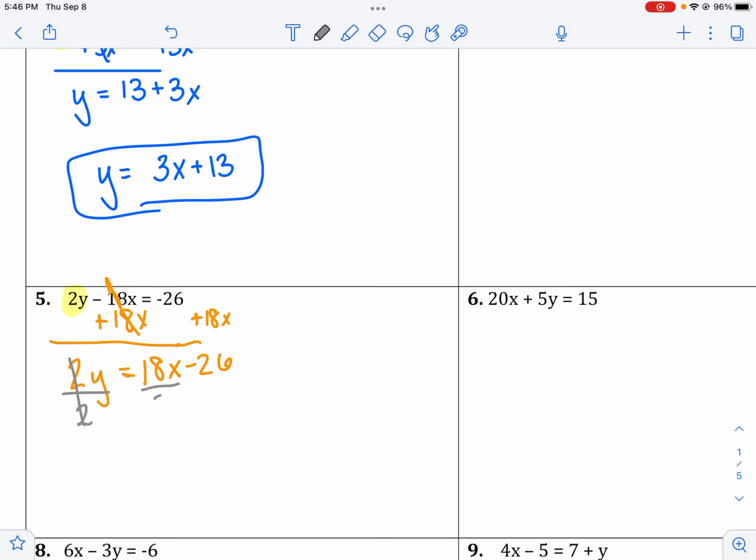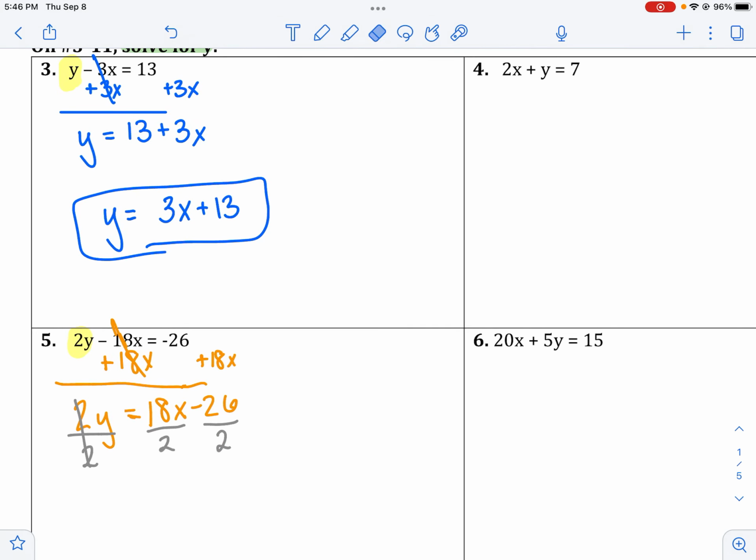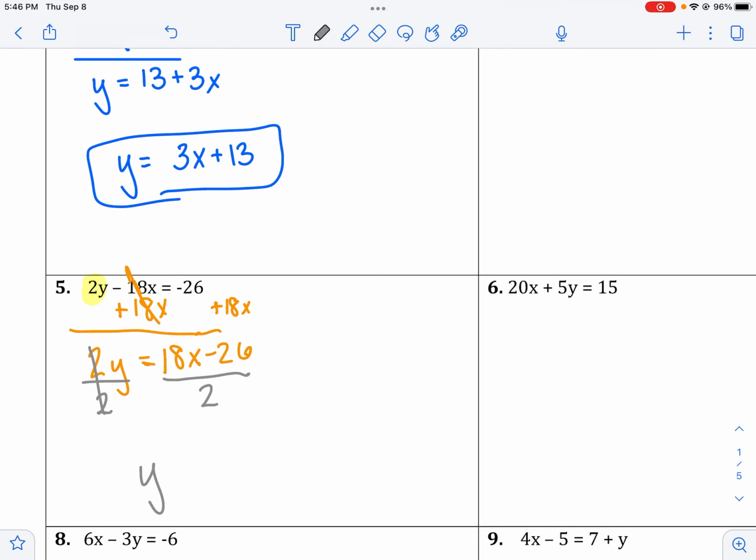So everything is getting divided by 2, every single part. And the reason why I'm doing every single part is because it is division, so everything can be divided by 2. And I end up with y equals 18 divided by 2 is 9, 26 divided by 2 is 13.